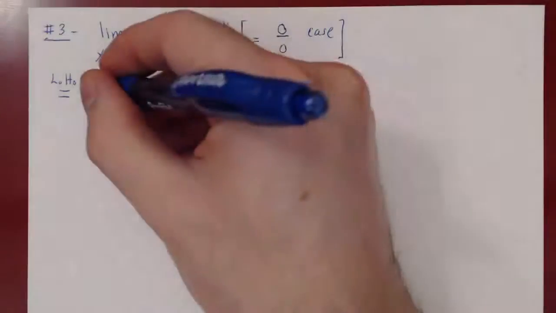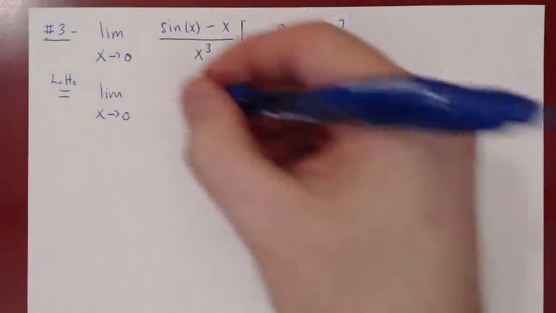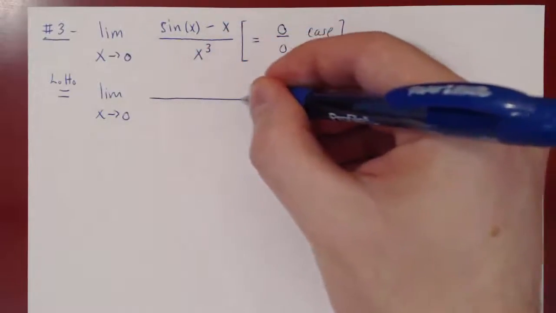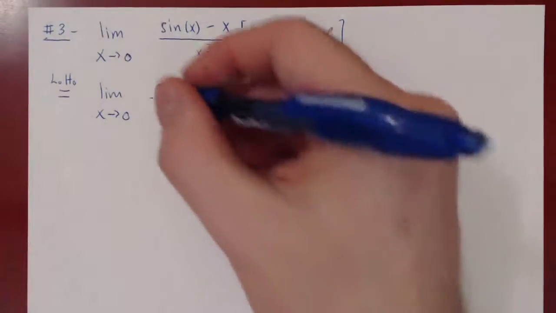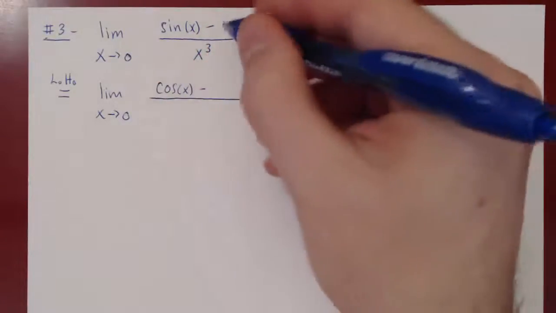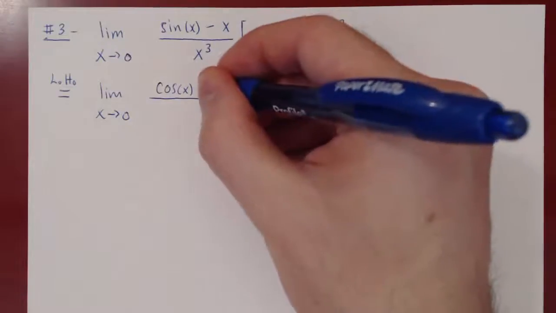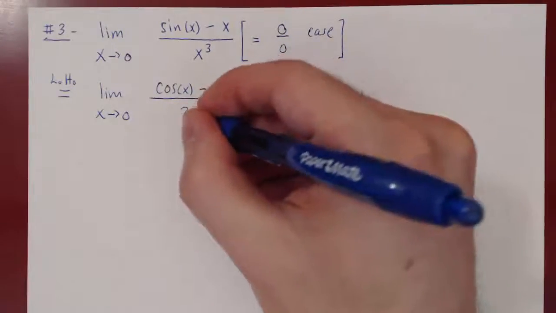So let's use L'Hopital's rule. The limit stays the same, x still approaches 0. Now we change the numerator and denominator for their derivative. Derivative of sine of x is cos of x, minus the derivative of x, which is 1, over the derivative of x cubed, which is 3x squared.